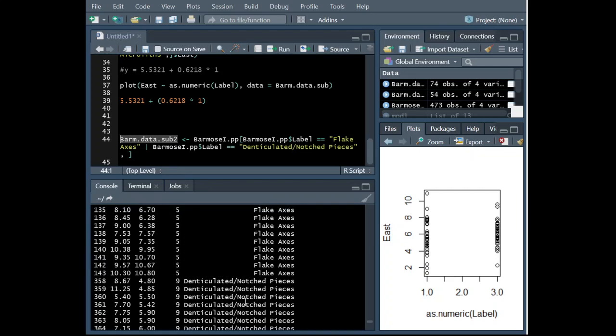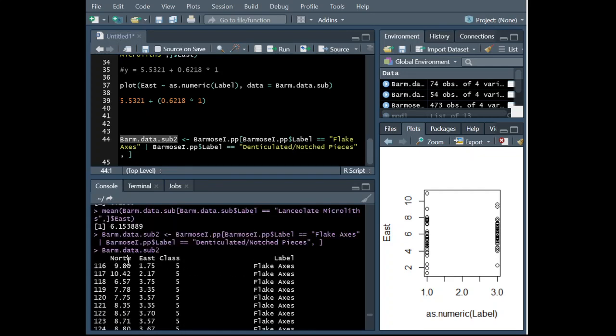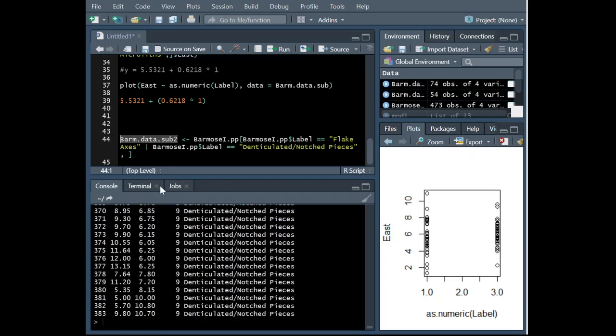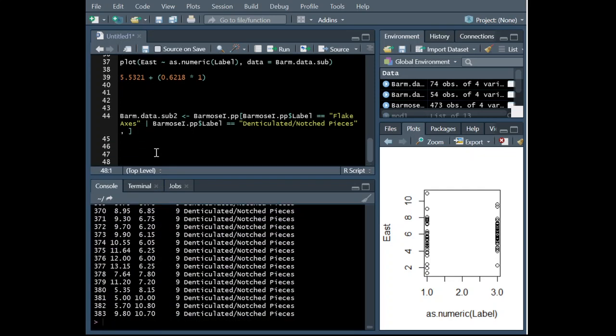denticulated and notched pieces, and we've got the flake axes with their northing and easting coordinates there in the first two columns. And so with these data, let's again plot the northing against the easting. And let's just do it for the first artifact type, flake axes.